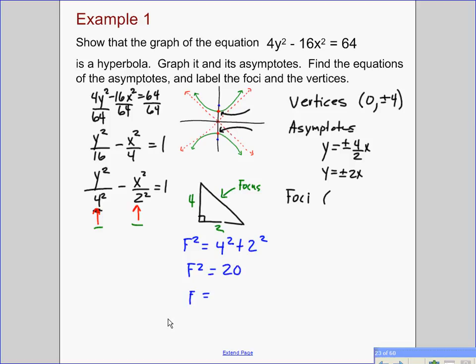And then f is the square root of 20, plus or minus. Okay. So again, our focus is going to be on our y-axis, so that tells us that x-coordinate is 0, and our y-coordinates are going to be plus or minus root 20. So, you know, just a little bit further than the vertices are. Root 20 is going to be just a little bit more than 4. And that's all I have for that problem.